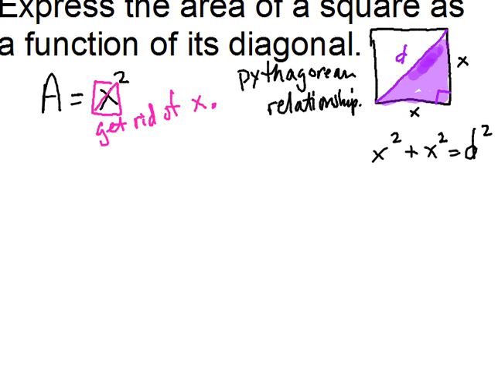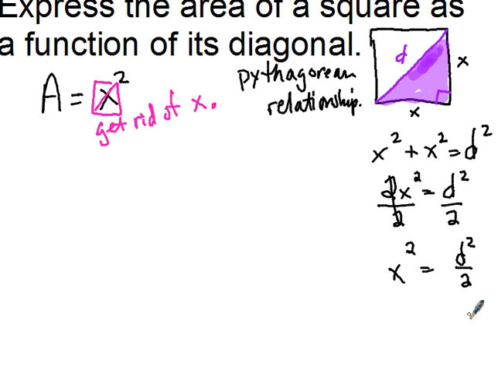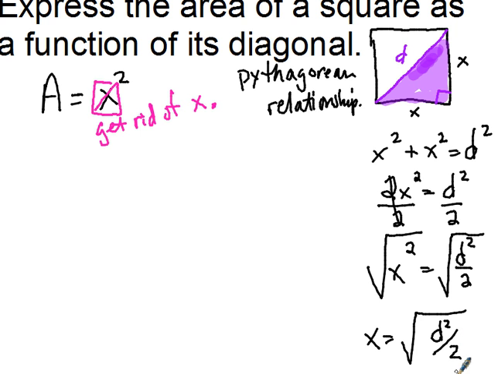So x squared and x squared, well, that was still 2x squared equals d squared. But now I want to divide both sides by 2. So x squared equals d squared over 2. And now when I square root, x is the square root of the diagonal squared divided by 2.